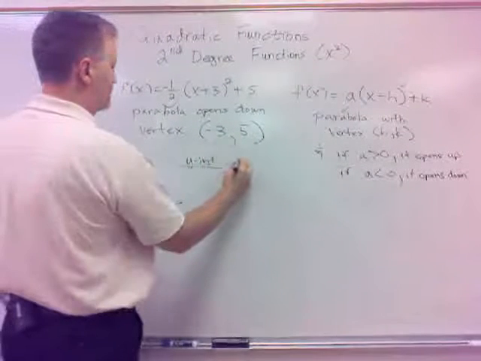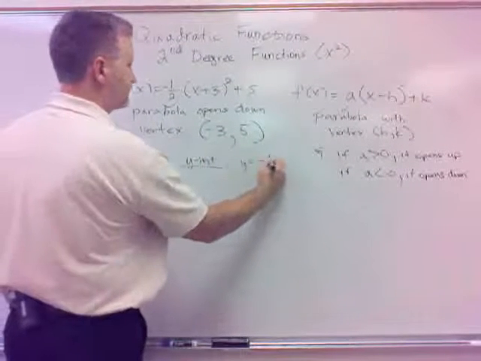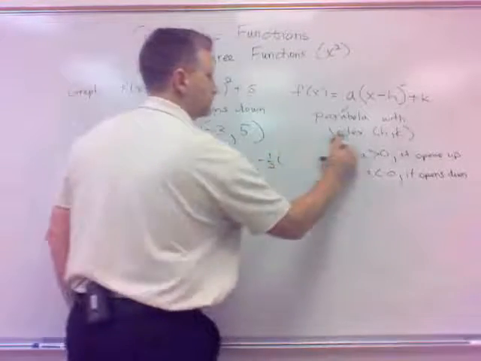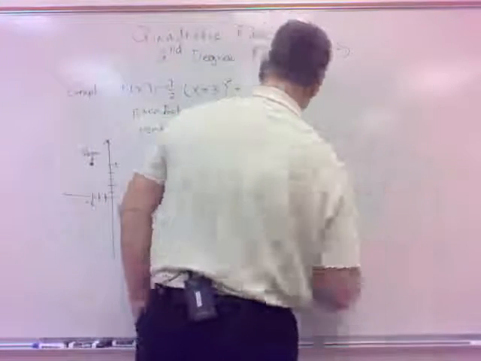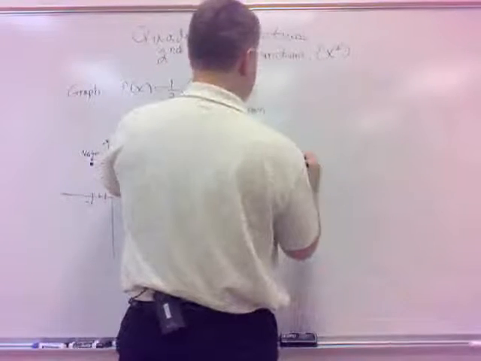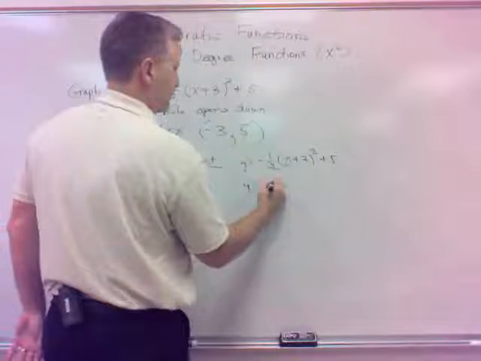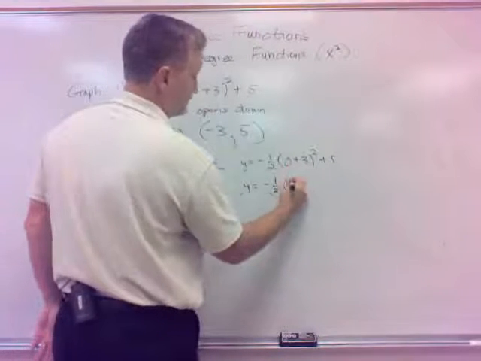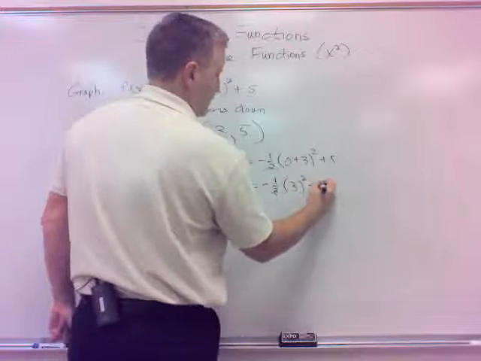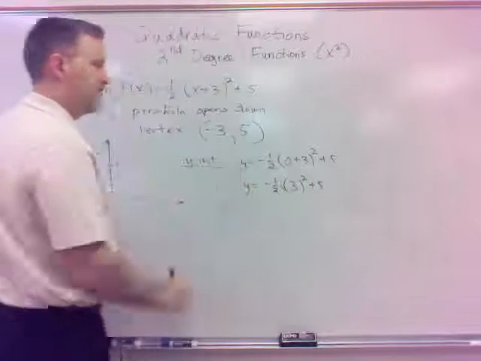What is the y-intercept? Well, you set x to be 0. So y equals negative 1/2 times 0 plus 3 squared plus 5. That's just 3 squared plus 5. And again, remember on these you do the squared first.